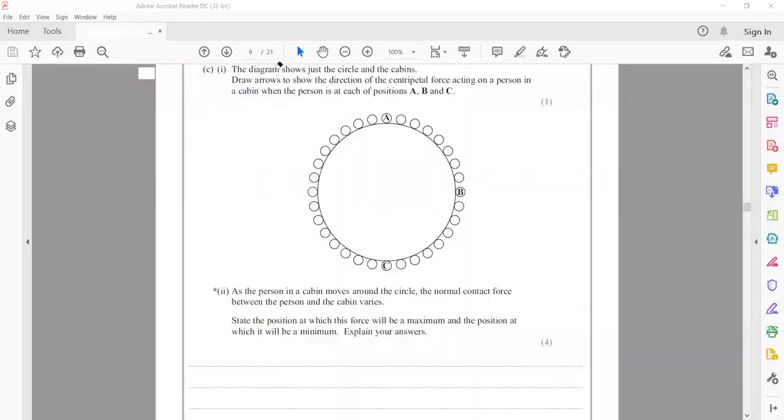So in part C1, the diagram shows just the circle and the cabin. Draw an arrow to show the direction of centripetal force on a person when the cabin is at position A, B, or C. Centripetal force is always directed towards the center, so in all the cases, the centripetal force will be towards the center.